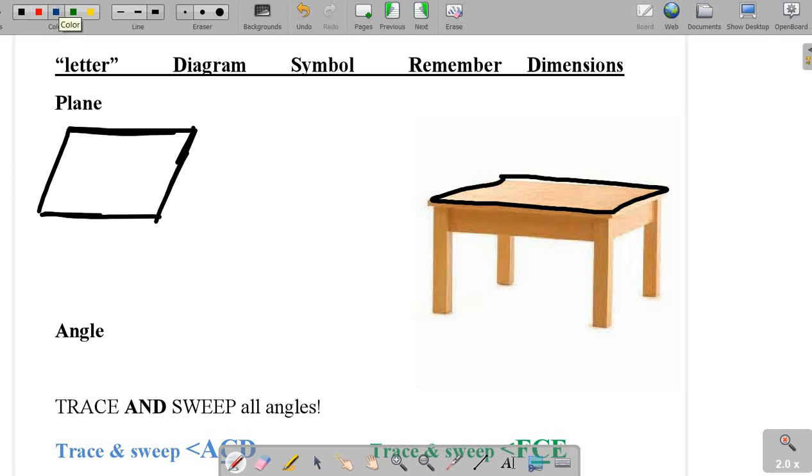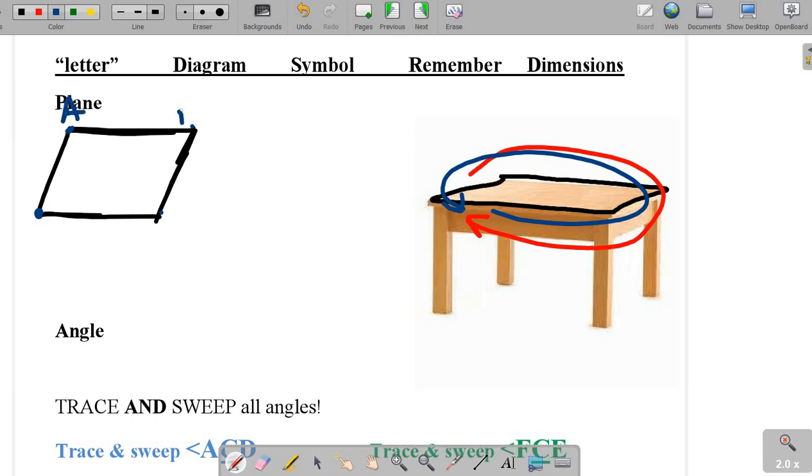When we name planes, we name first using the corners, and you always name them going either clockwise or counterclockwise. So A, B, I'm going clockwise, C, D. Notice the order I went: A, B, C, D. That's clockwise.